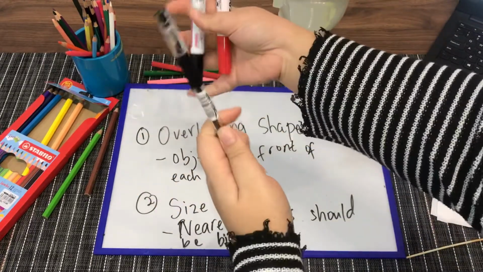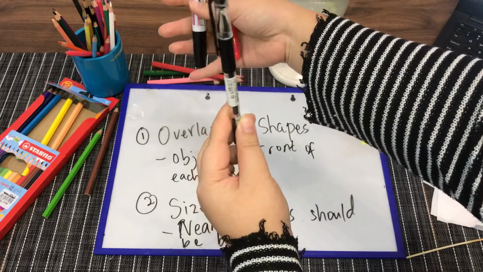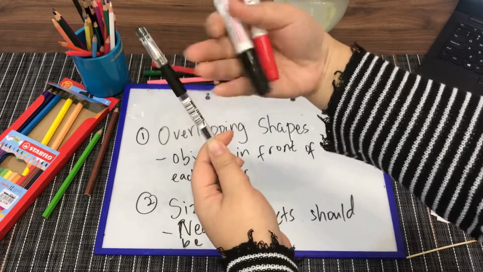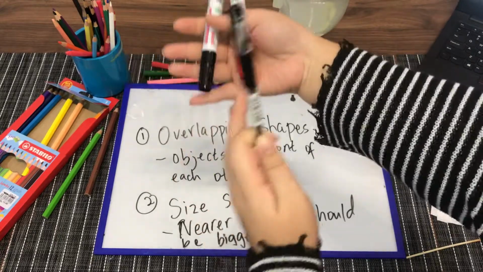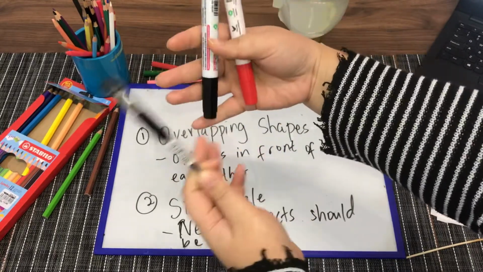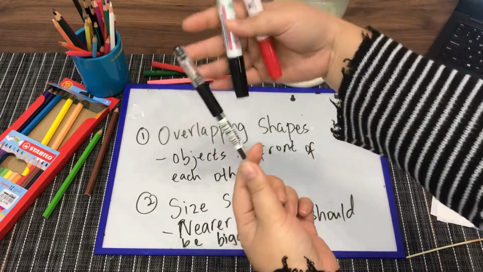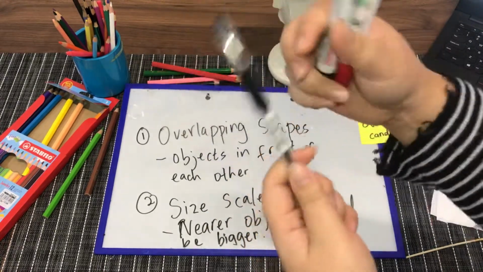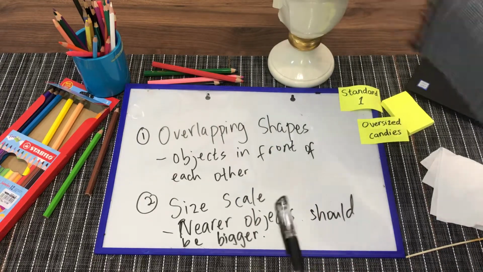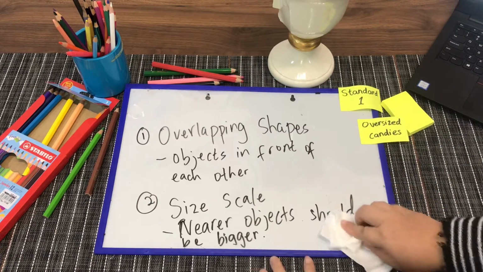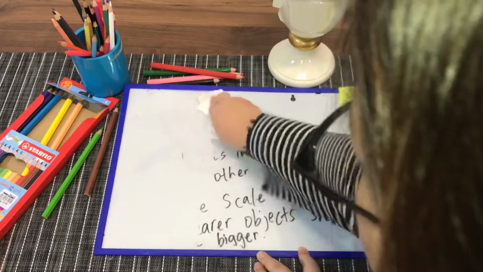And if you draw the pen in front, this pen should be bigger than these two markers. Although in real life they look bigger, in your drawing they should be smaller because they are further from your eyesight. Alright? Okay, I'm going to rub this off and start with your candy drawing.